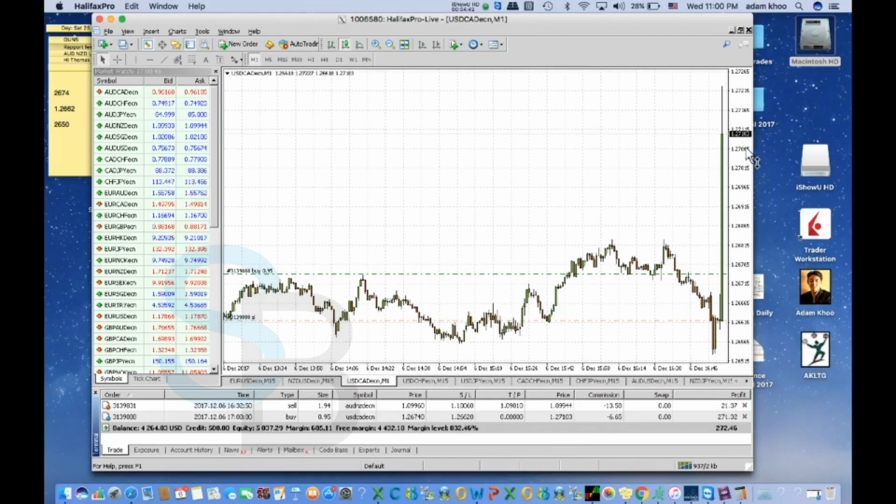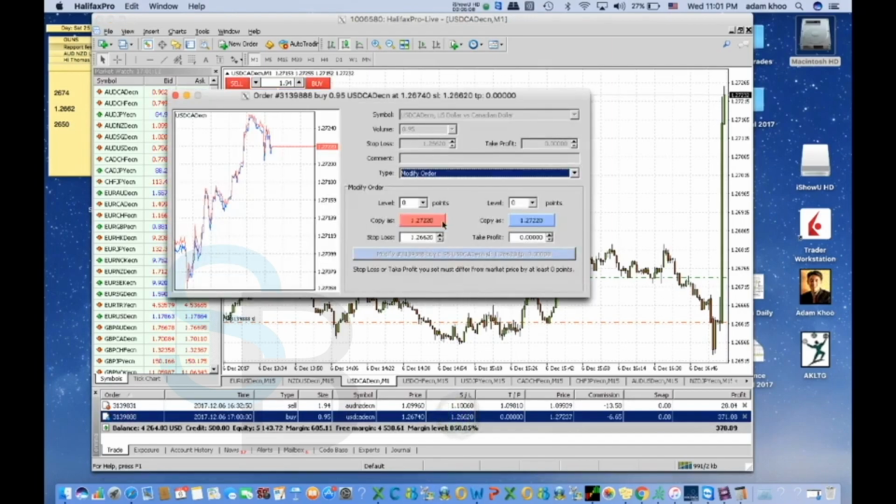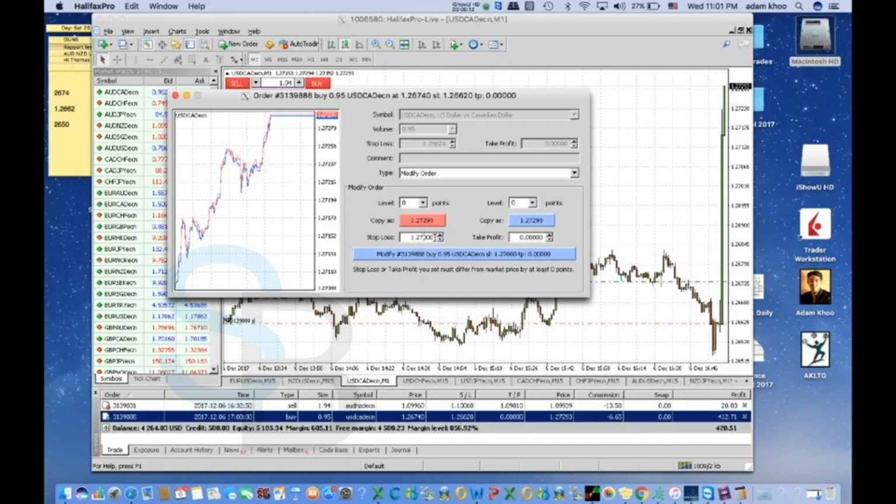Currently, you can see that it is at 1.2710, 1.2714. Okay. I'm already making a $300 profit. That's not bad. Oh, the candle is closed, so 1.2724. So I'm going to put my stop loss at 1.2724.